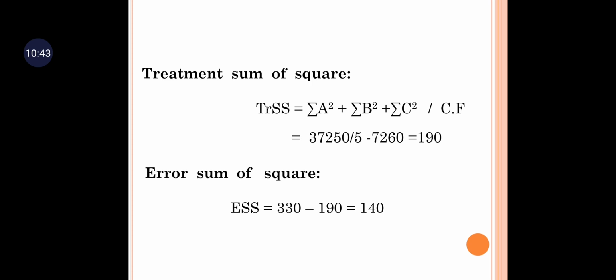So the total of summation A square plus summation B square plus summation C square divided by 3, minus 7260, the correction factor, gives 190. The error sum of squares, ESS, is the total sum of squares minus the treatment sum of squares, that is 140.